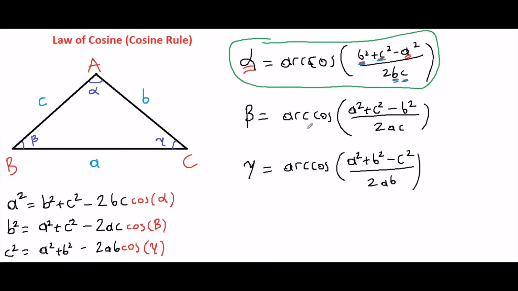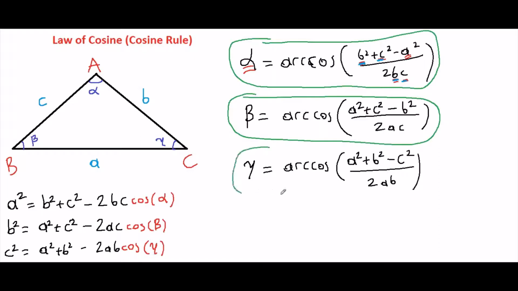Here you have to be careful that your calculator is in degree mode so your angle comes out correctly. You can directly apply these angle formulas, or you can plug in the formula and solve for alpha step by step. Let's practice now.